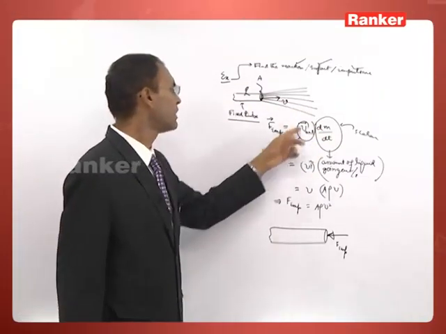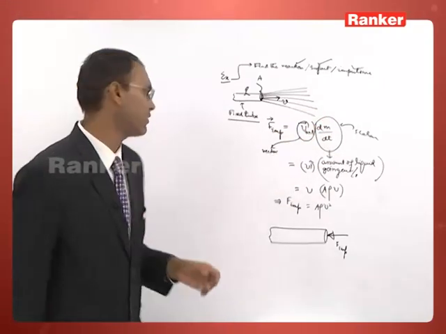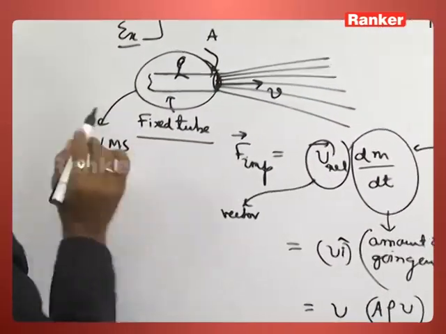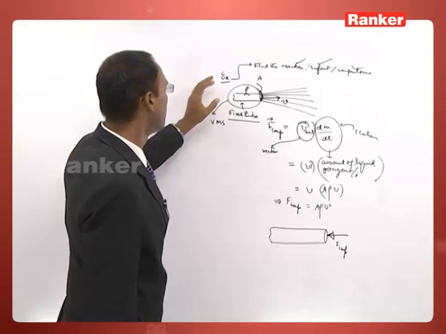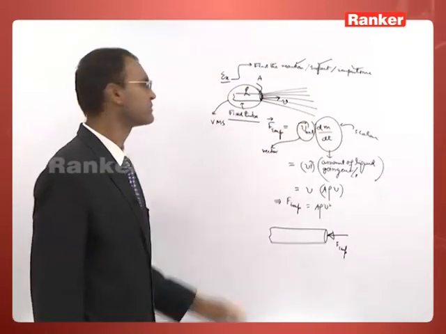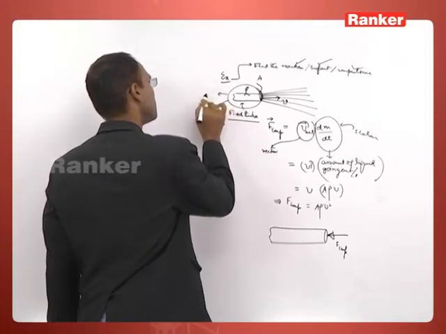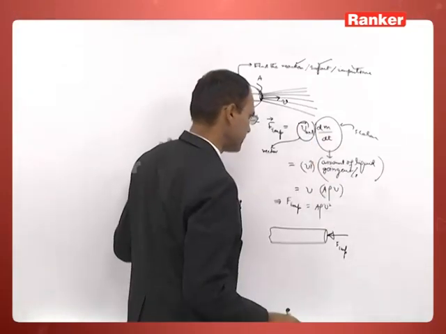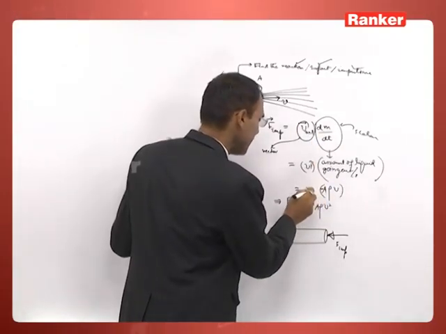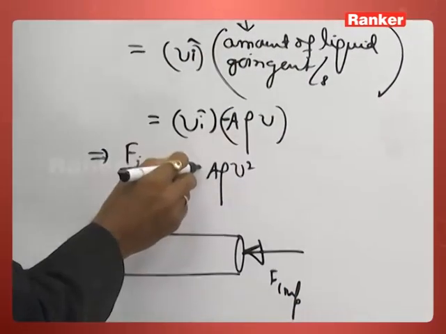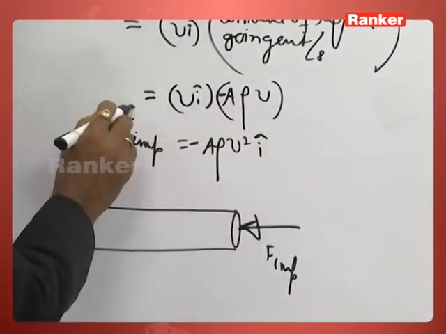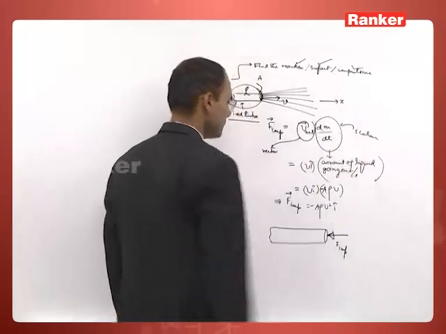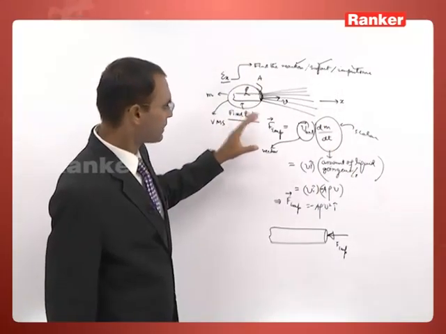It can be zero when the mass of the system does not change at all. Since we consider this part as a variable mass system, while the tube loses the liquid, its mass decreases. Therefore, dm by dt is negative. When this is negative and this is positive, you will get the force in negative direction, negative x direction. This is some sort of vector understanding.